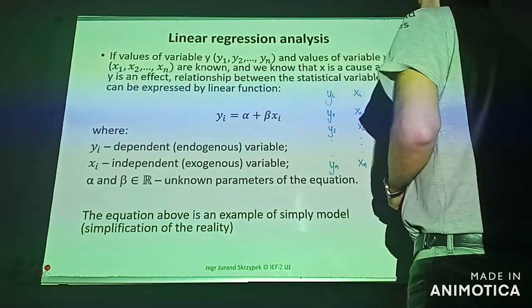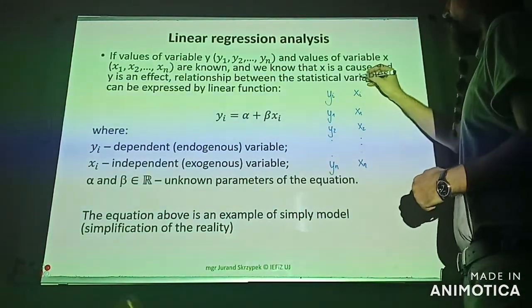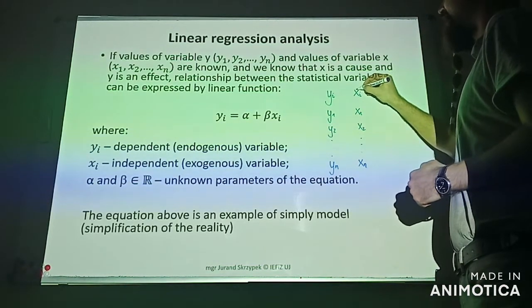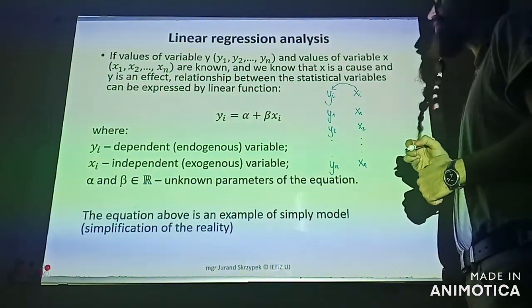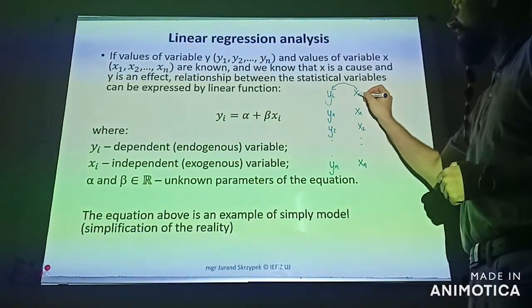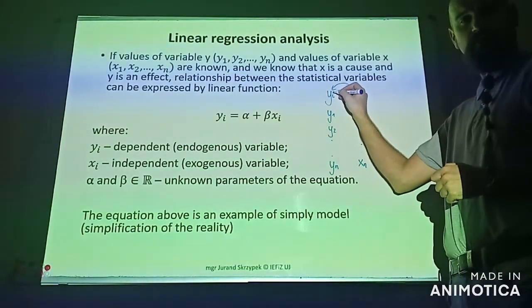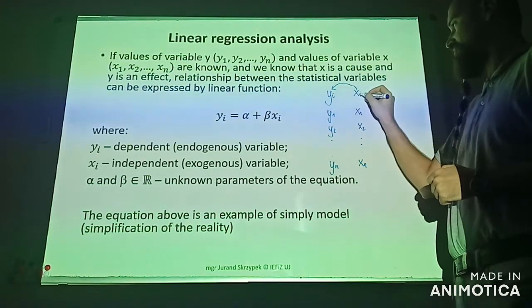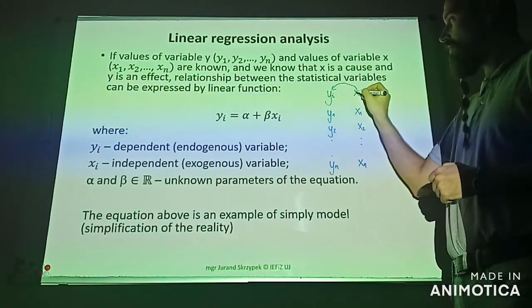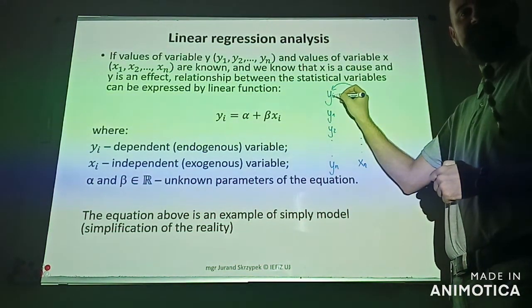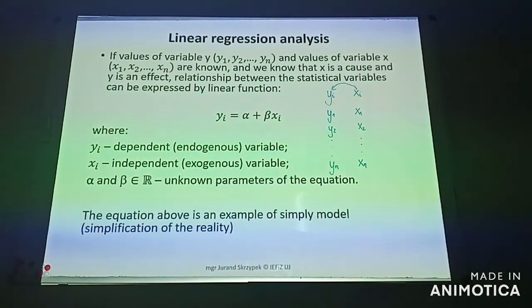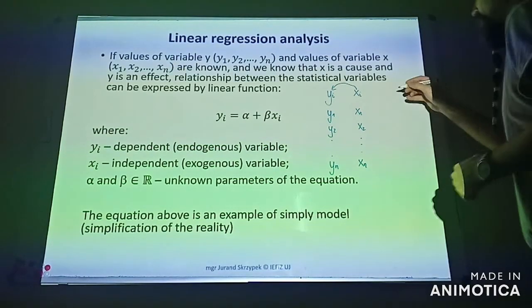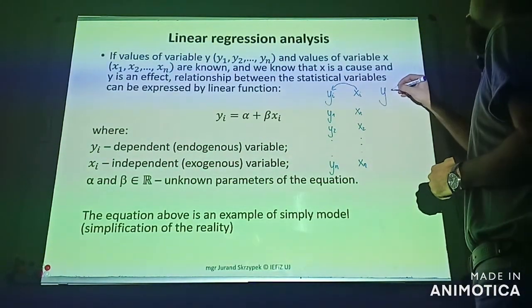The second assumption, we also know that x affects y. In other words, x has an influence on y. X is a cause, y is an effect. We can describe this relationship by a function.